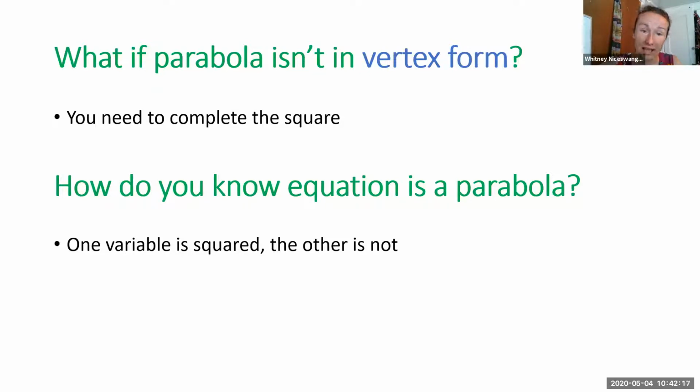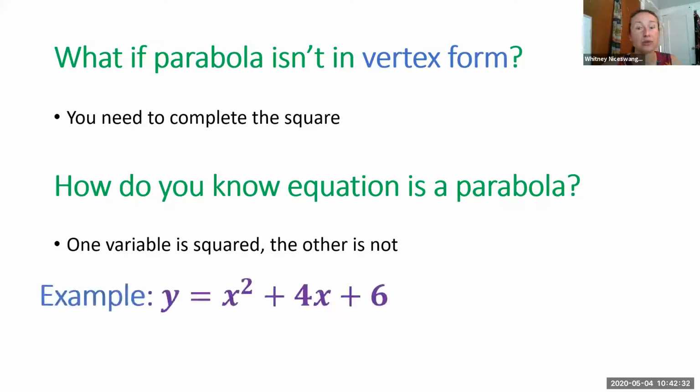If Y is squared and X is not squared, you have a parabola that's opening left and right. So that's how you know you have a parabola. And if you have a parabola, then you know you need to get it into vertex form by completing the square, okay? So let's do an example of completing the square for one of these parabolas.